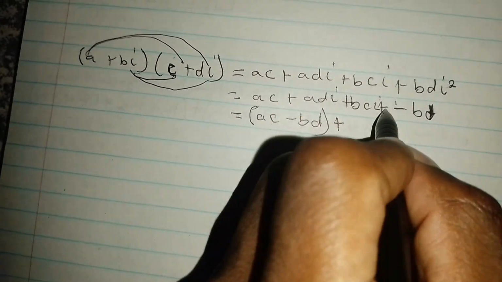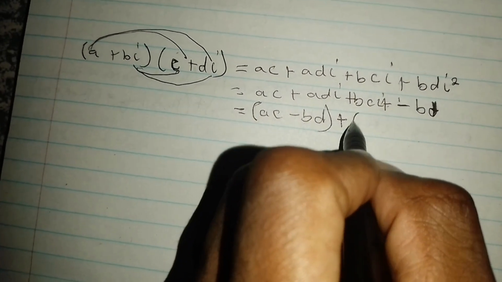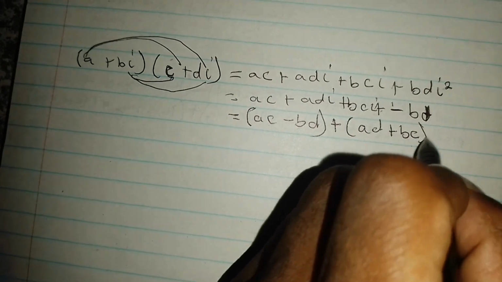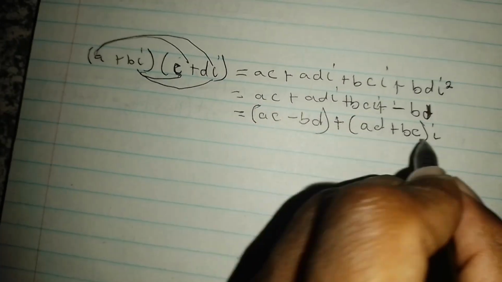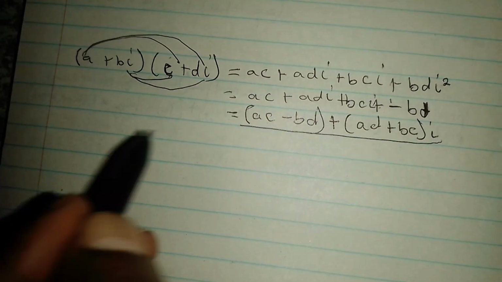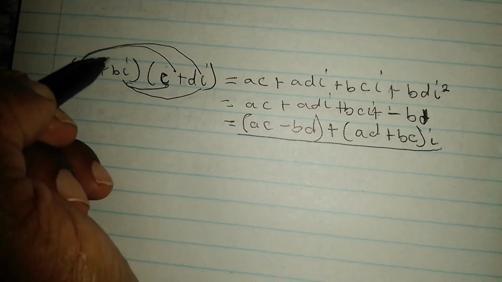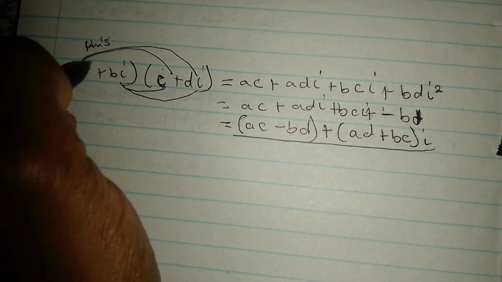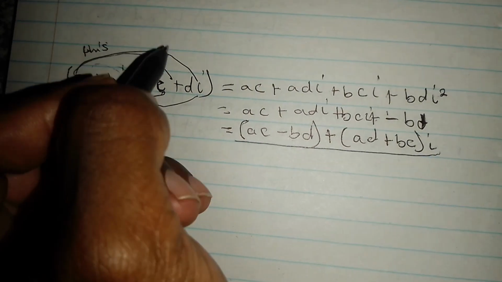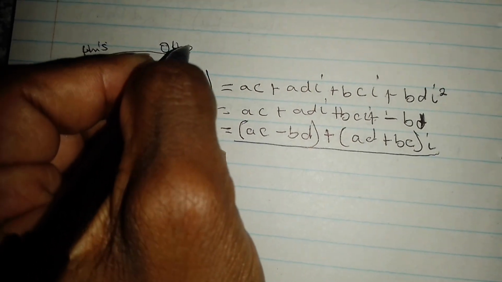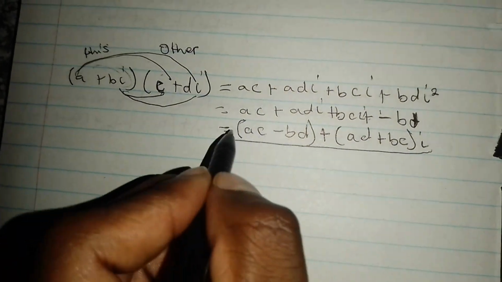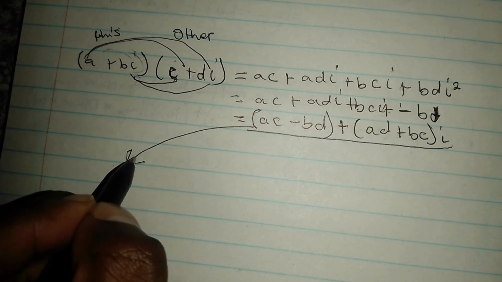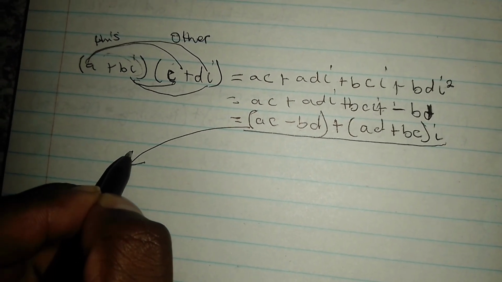where I'm going to factor out i. That will be (ad plus bc) i. This will be the general formula. From this general formula, I'd like to call these so that you might understand this: I'll call this general complex number this, and then I'll call this other. I'll just try to make this clear, showing how the formula is going to be derived.